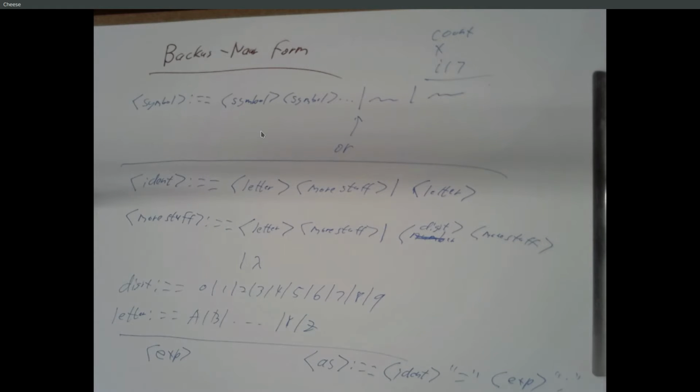I could write this for every type of C statement. I could have an if statement, a while statement, a declaration statement, and I could eventually define the BNF for a C program. We'll pull that up in a bit.